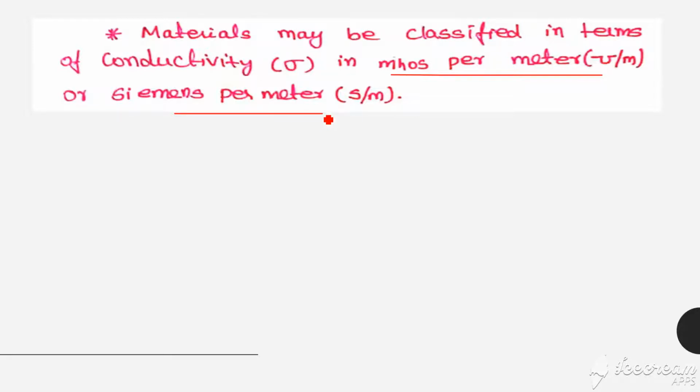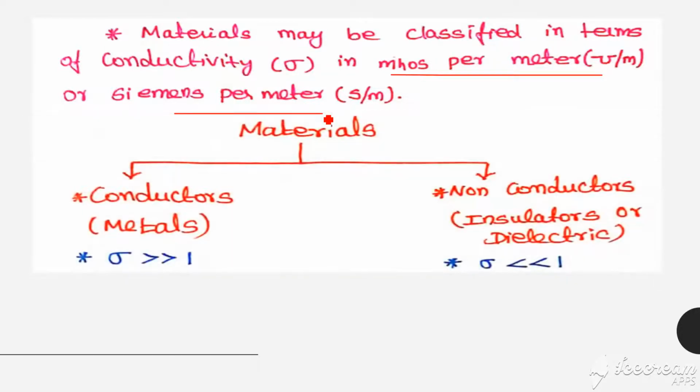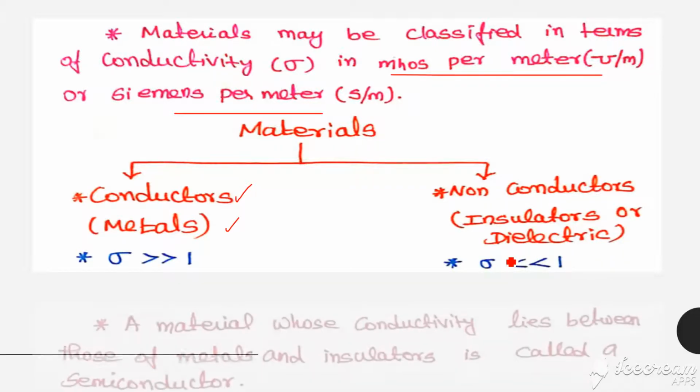Depending on conductivity, materials are classified into conductors, for example metals, with conductivity greater than or equal to 1, and non-conductors, or insulators or dielectrics, with conductivity very much less than 1.